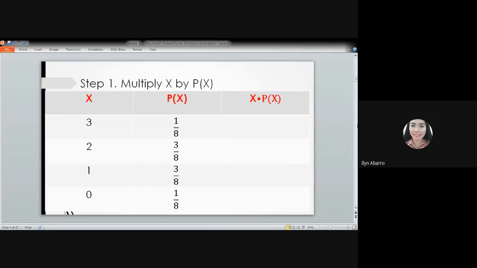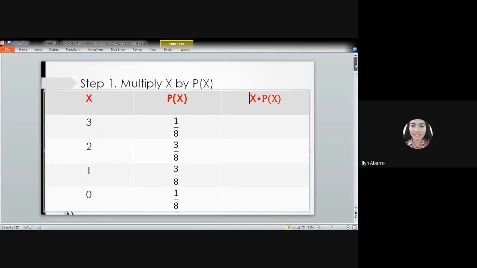Okay. So to get the mean, we're going to make three columns. The first column is for the value of the random variable x. The second column is for the probability of the random variable x. And the third column is the answer for x times p of x. So, kailangan natin itong i-multiply because this was given in the formula.